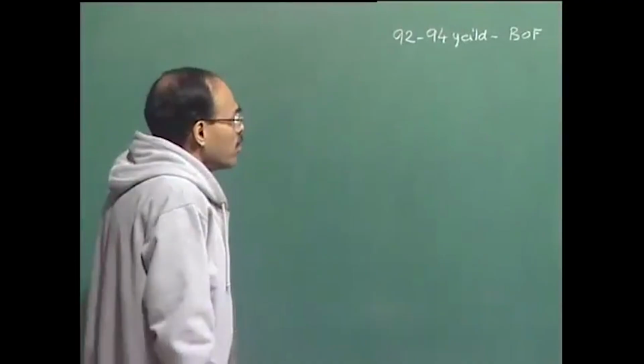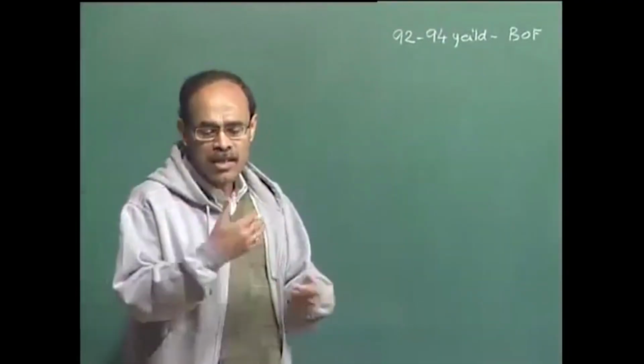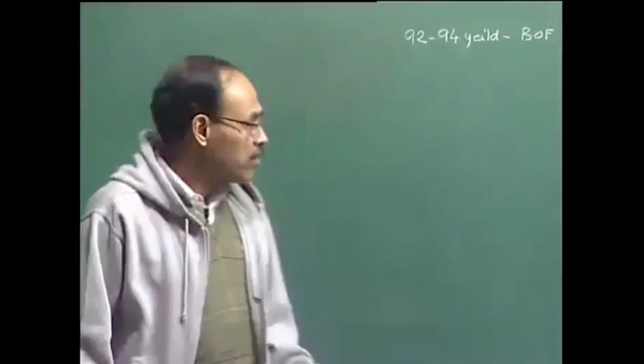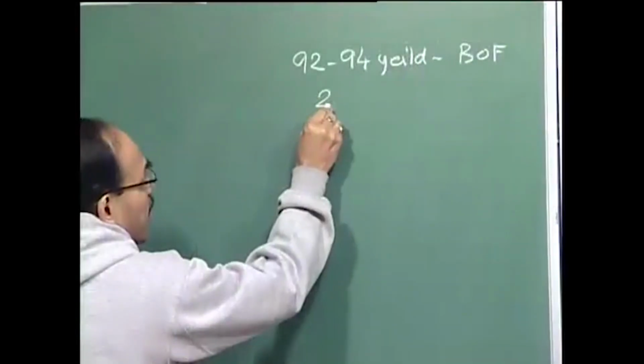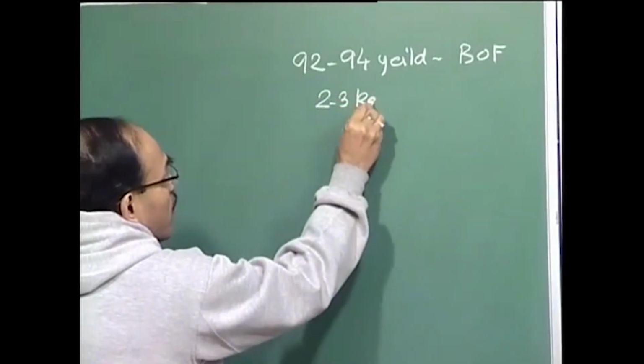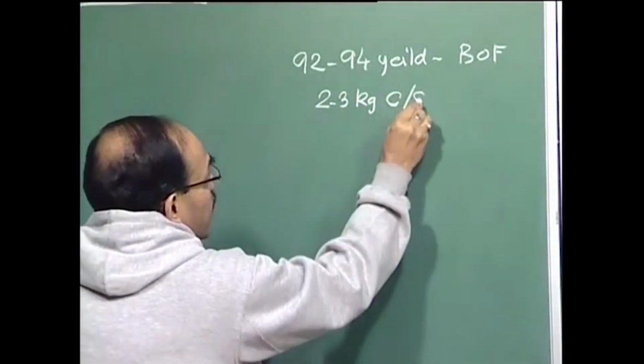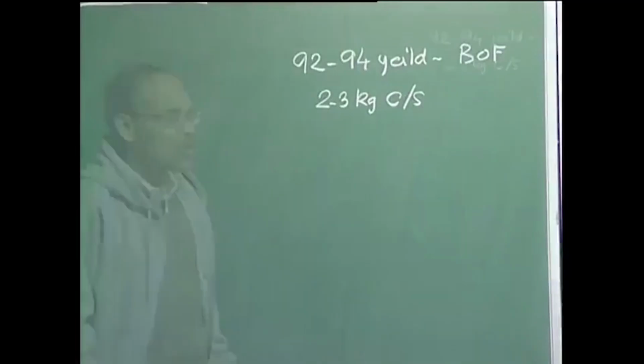In the BOF, the refining in the LD converter and combination blown reactors is so fast, so rapid, that you can get something like 2 to 3 kg of carbon removed per second. That is the rate of carbon removal we are talking about.